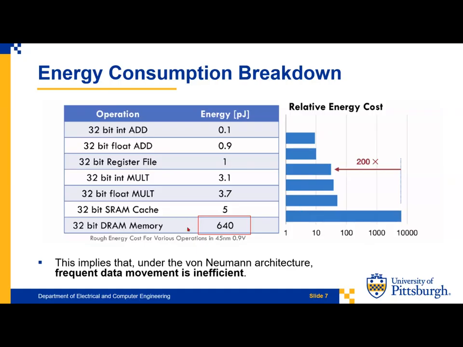It's because DRAM is an off-chip component. It's outside the CPU, so you need to consume a lot of energy to move the data between the CPU and the DRAM. So under the von Neumann architecture, frequent data movement is inefficient.